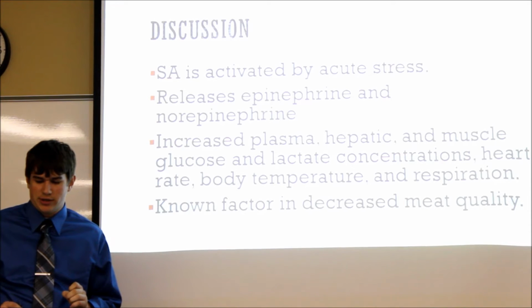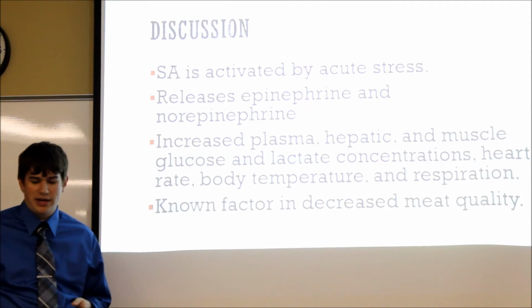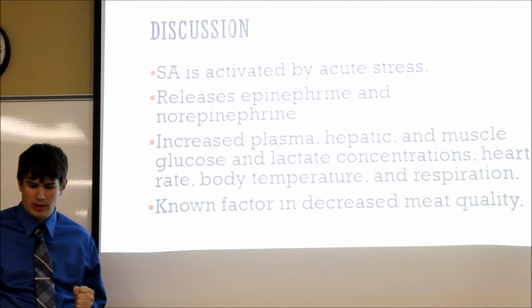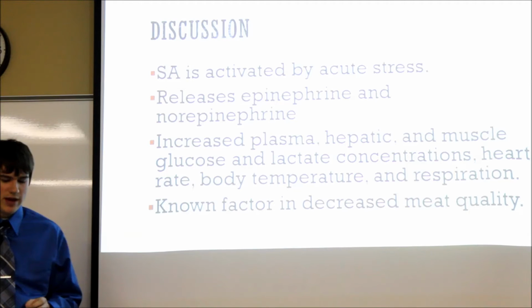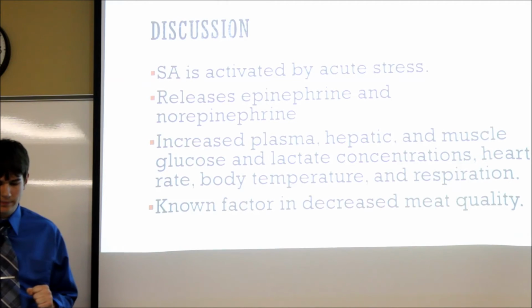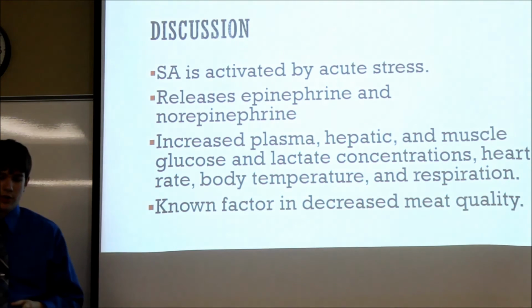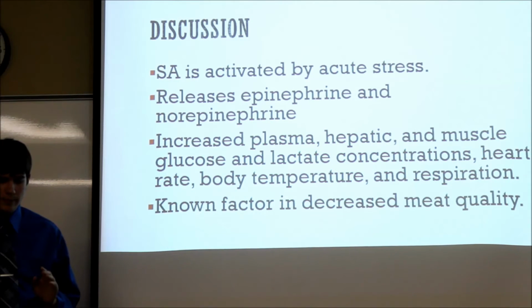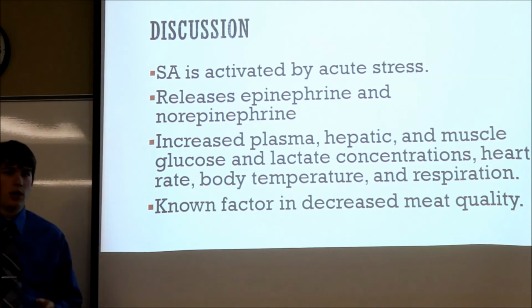It also increases the lactate concentrations, heart rate, body temperature, and respiration. Depletion of the muscle glucose is also a known factor for decreased muscle quality, and suggests that increased pre-slaughter stress causes the activation of the SA and also reduces meat quality.